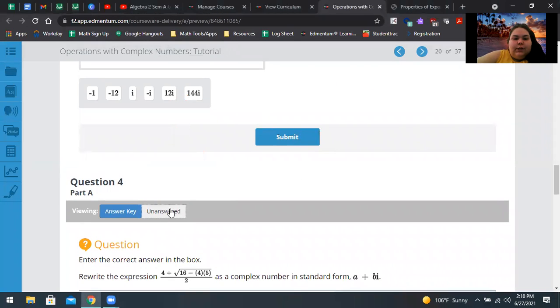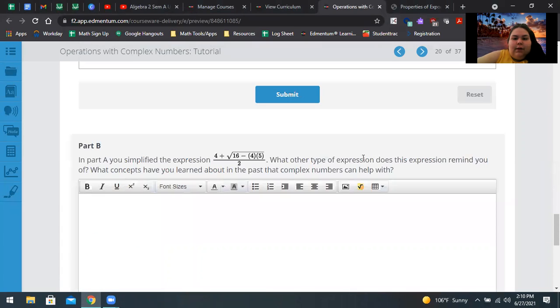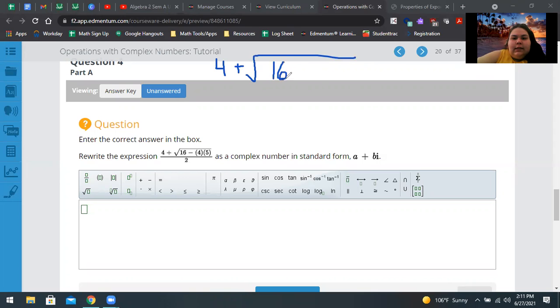Moving on to question number 4, part A. Says rewrite the expression as a complex number in the standard form of a plus bi. So we're going to go ahead and work on this one together. So we have 4 plus the square root of 16 minus 4 times 5 all over 2.